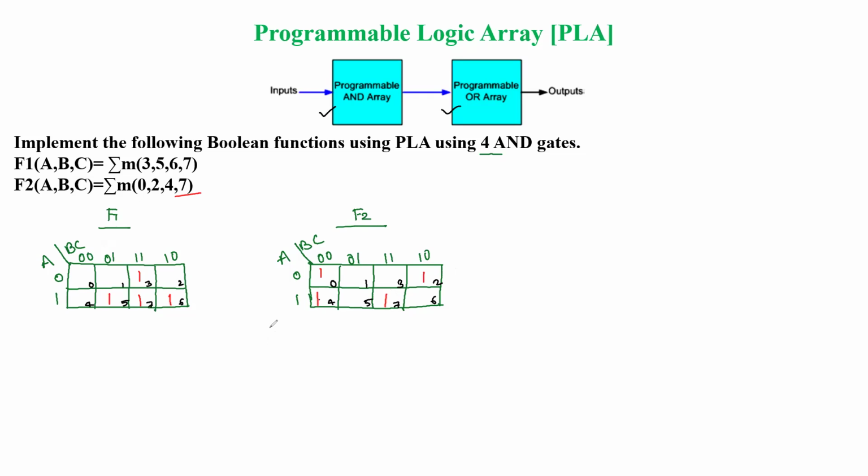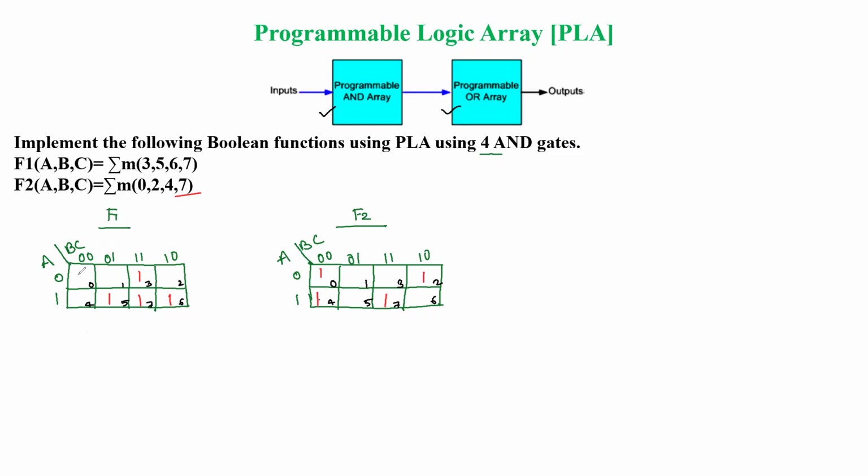So in this case the number of product terms is going to be more. So either we take the complement of F1 or the complement of F2, so that we can have a proper function in which we'll have only 4 product terms.